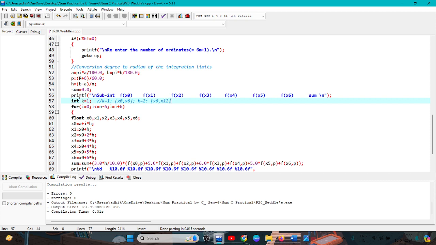So k is the subinterval counter, the subinterval where we apply the simple Weddle's rule, first x0 to x6.